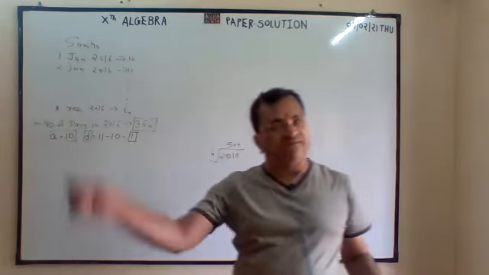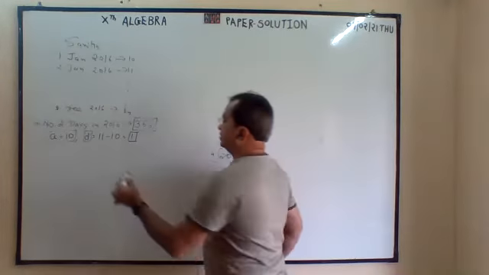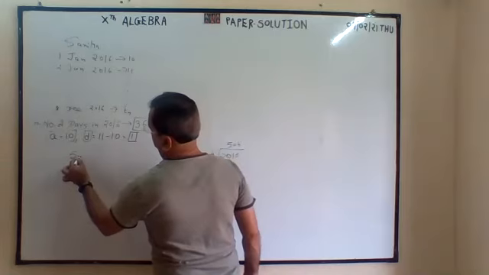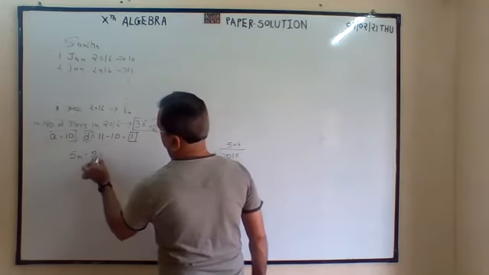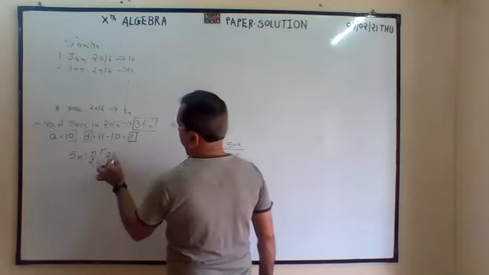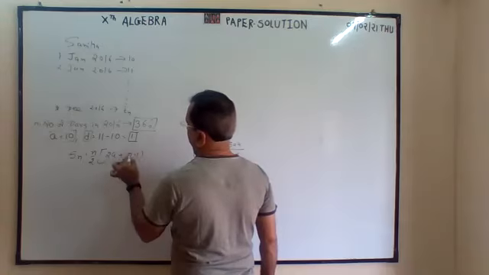We want the total saving. Sn is equal to n by 2 in bracket 2a plus n minus 1 d.